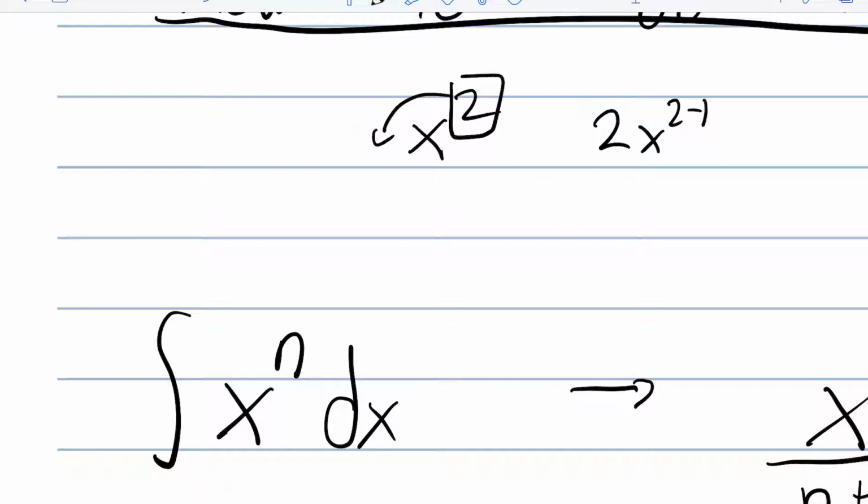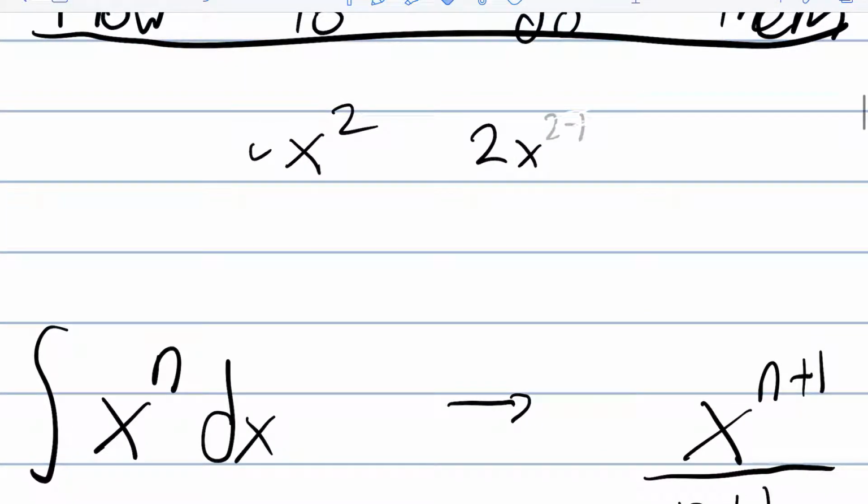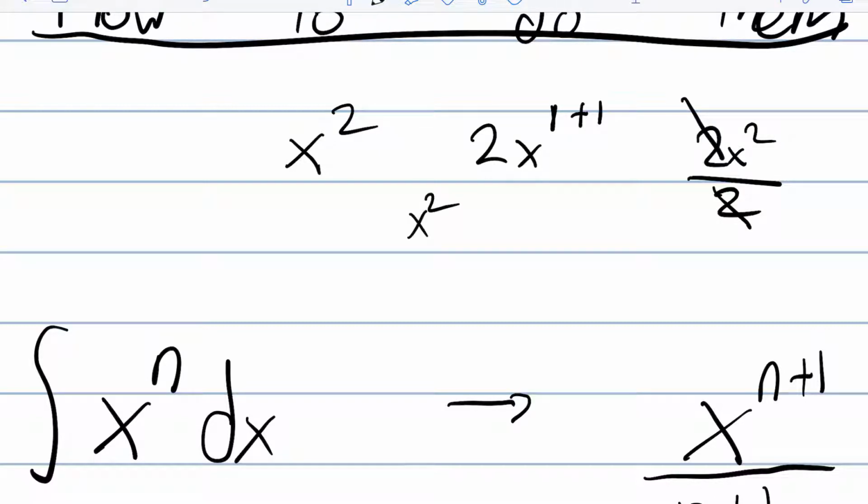So how do we get x squared out of this thing? Well, we can add a 1 here, and then we get 2x squared, but that's 1 too many, so now we have to divide it by 2, and that goes away, you get x squared.